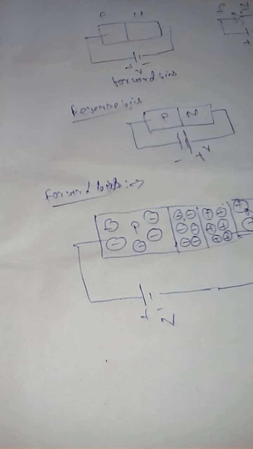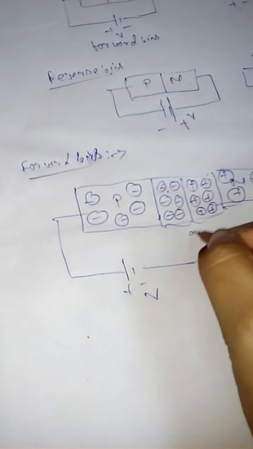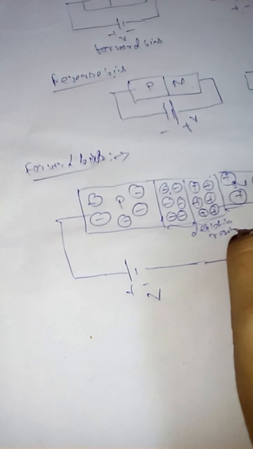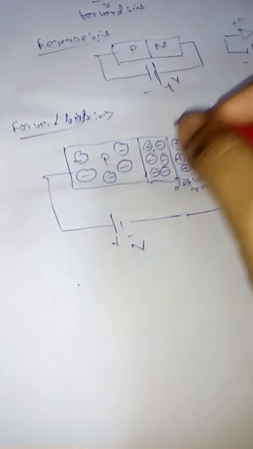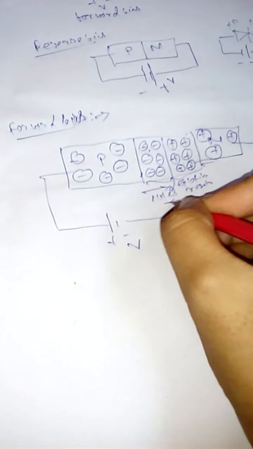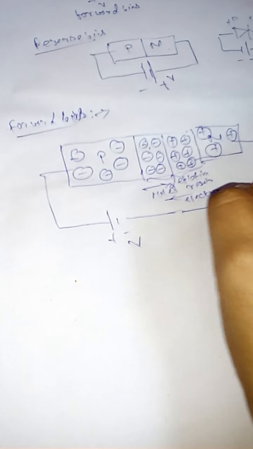Means the depletion layer is reduced here. This is the depletion region. For forward bias, this is reduced. And this is the flow of holes and this is the flow of electrons.